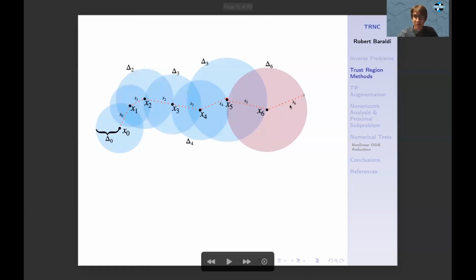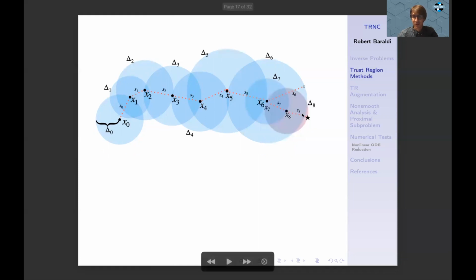So you reject that step and go back to X6, which I'm going to say is X7, so these are the same point. You reduce your trust region radius by some factor, and then you find a new descent step within that new radius, where your quadratic model does a little bit better relative to the true model. From there you move on until you reach some minimum given by the star here. In a nutshell, that's how trust region methods operate.